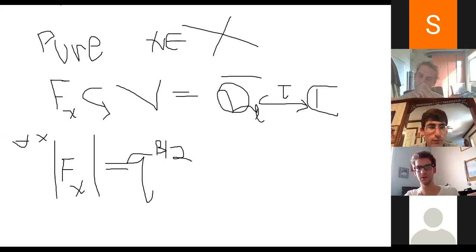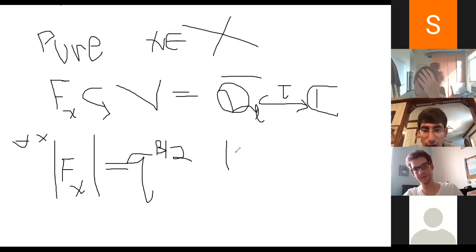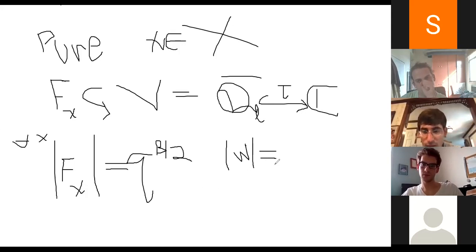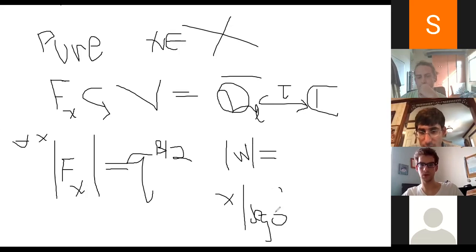No, the point is that the absolute value of an element of the Weil group, so I have a character, is going to be what? The character chi restricted to degree 0 is roots of unity.